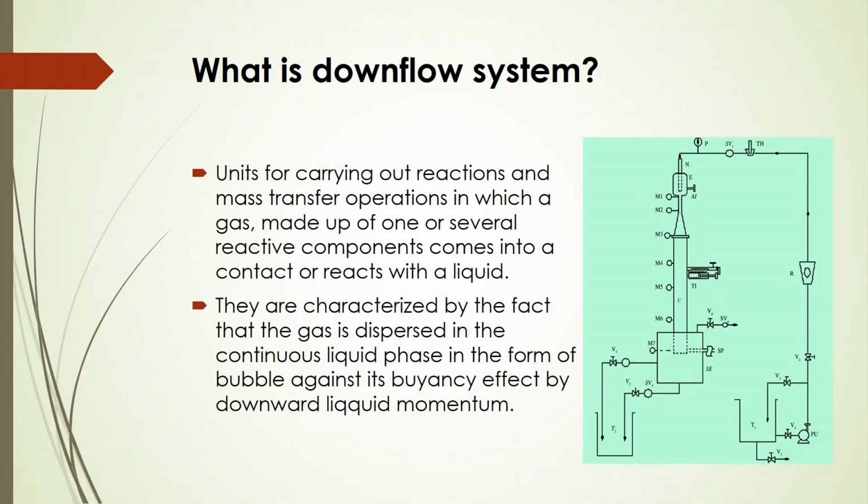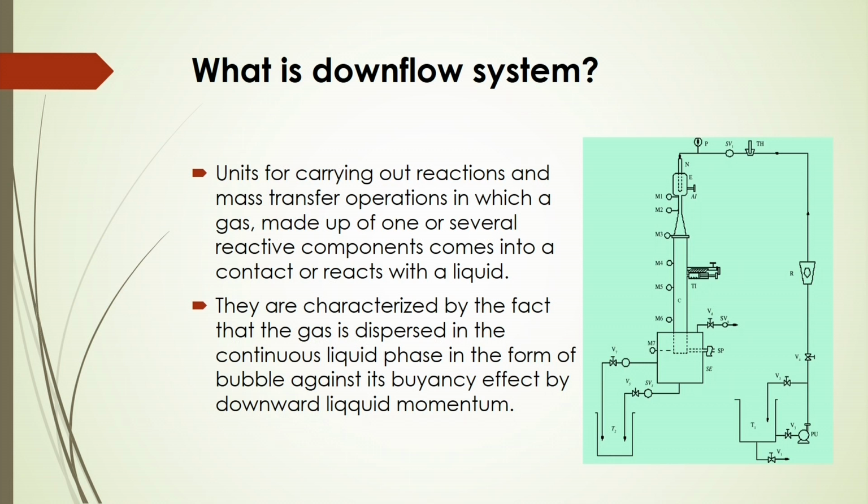In this slide we have given a picture of a downflow system, which is a unit carrying out reactions and mass transfer operations, in which the gas, made of one or several reactive components, comes into contact with reactants in a liquid.